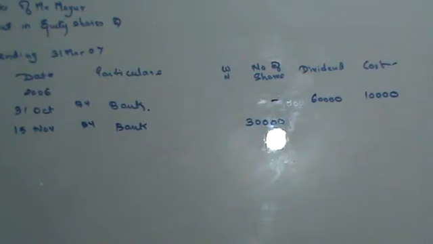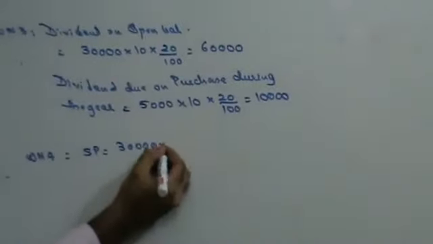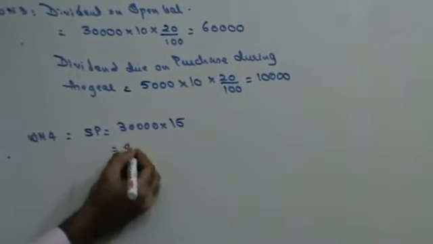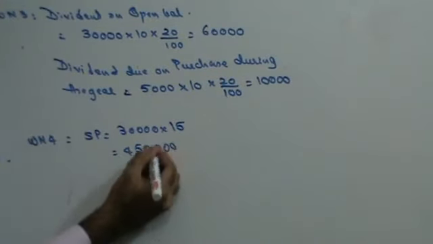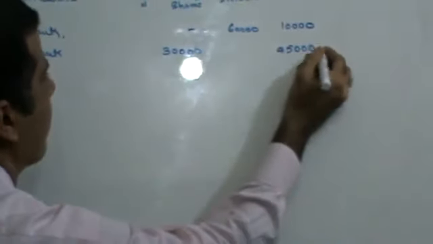He sold them at a price of 15 per share. Now let's see this working note 4. My selling price will be 30,000 shares at 15 per share, that is 4,50,000. He sold them for 4,50,000.